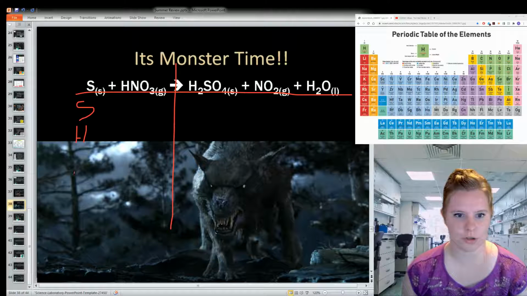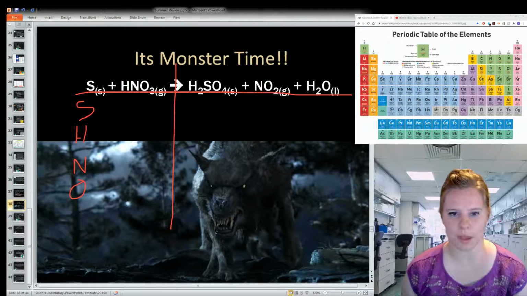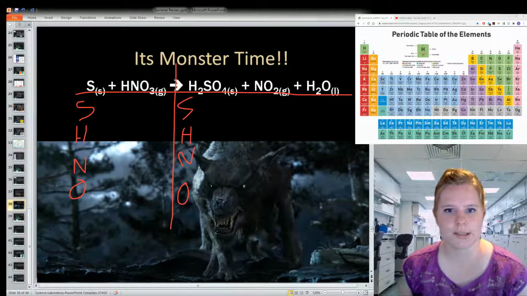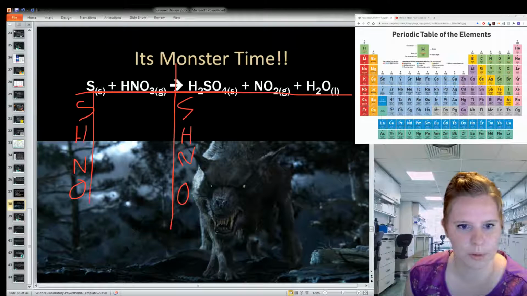So S, H, N, O, we actually have 4 elements, but they are broken up quite a bit. And so I'll put them over here as well. S, H, N, O. Let me see, where do I start this? Let's just write down our numbers. What do we have here? S, we only have 1, we have 1 H, we have 1 N, we have 3 O's. Okay?